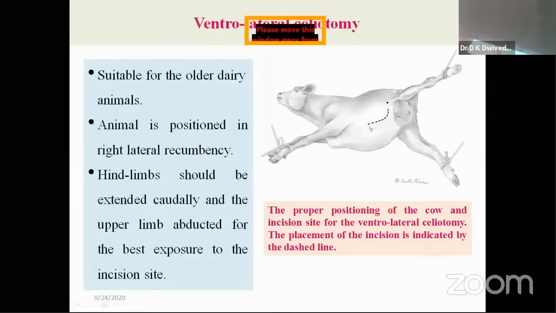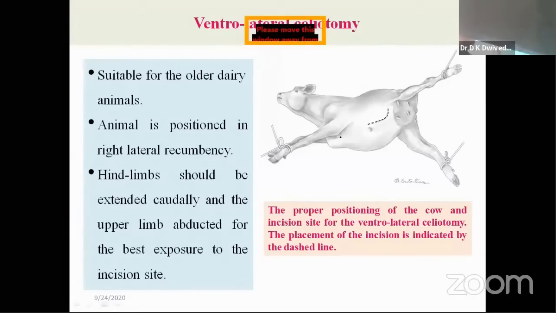One benefit is that if the udder of the cow is very large, you can easily extend your incision in the caudal direction for easy exteriorization of the gravid uterus. So the only benefit of this technique is easy exteriorization of the gravid uterus, and you can extend the abdominal incision as per your requirement.